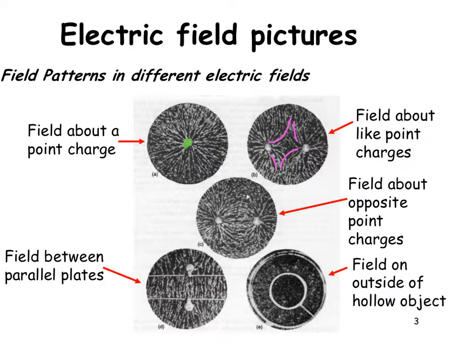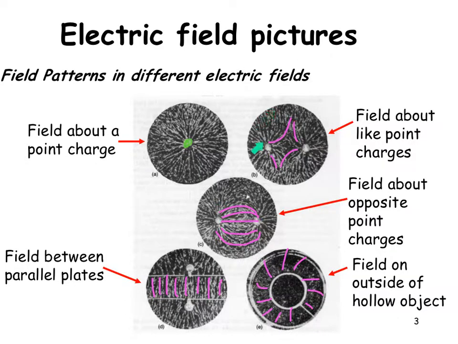Let's just look at all the shapes. If these were opposite point charges, you land up with fields that seem to almost connect with one another. Between two parallel plates, you get a uniform field, and it's always from the positive to the negative. And on the inside and the outside of a hollow object, a hollow round object would be just like the Earth, really. It would look a lot like the point charge, but just a whole lot bigger.